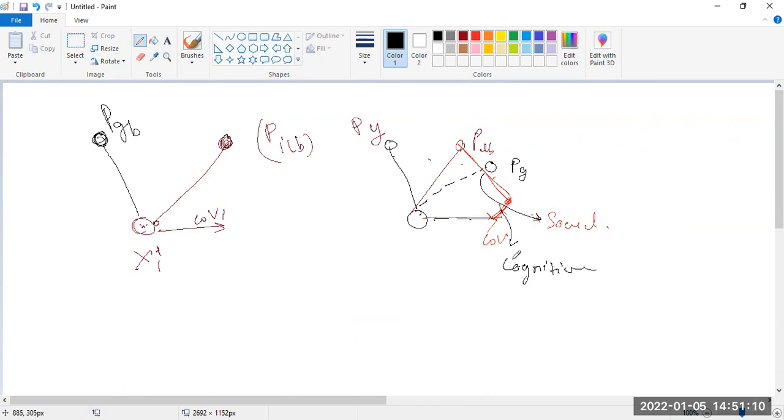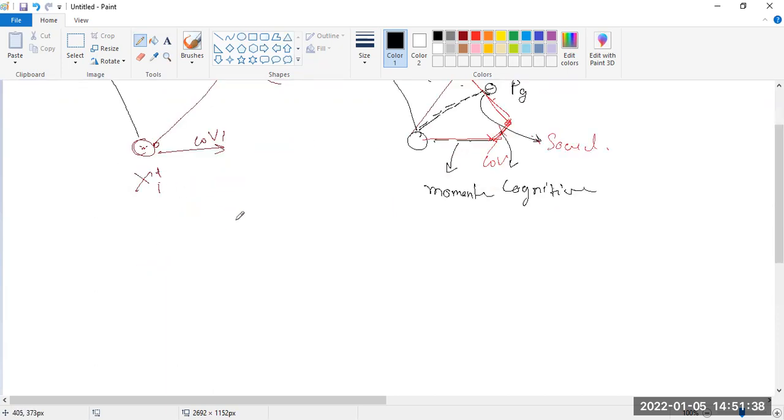This is the social part, this is the cognitive part, and this is the momentum part. So three parts are added in this way so that we can reach this position. This is the vector sum. In this way we can achieve the fitness factor, or the best solution.